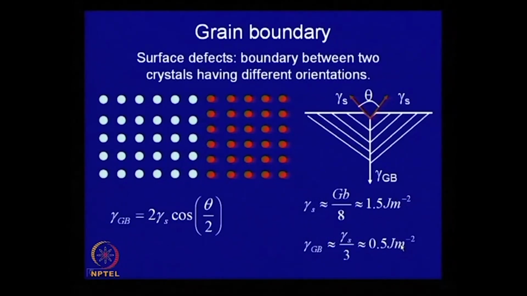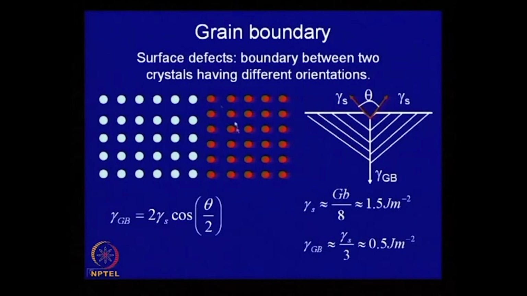Now, compared to this, take a coherent boundary. One coherent boundary we looked at is the stacking fault. Across the stacking fault, maybe the stacking sequence is disturbed, but still there is a regularity in the lattice, and on either side there is a perfect crystal, so lattice matching is there. So, this boundary is a coherent boundary.